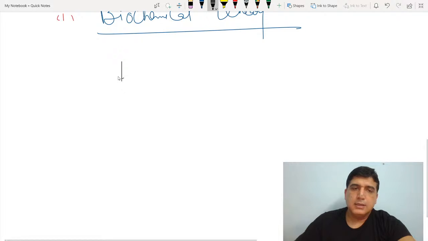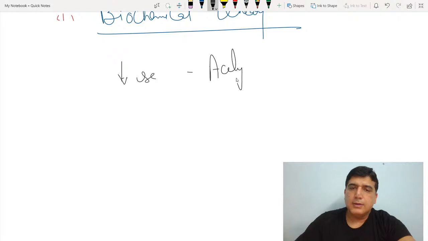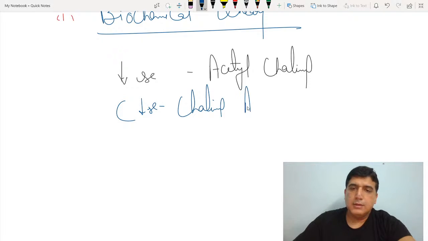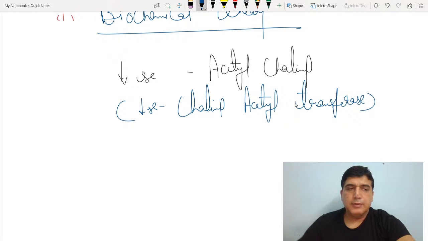Decreased level of acetylcholine. Or which enzyme decreases? Choline acetyl transferase. So decreased level of acetylcholine or choline acetyl transferase.